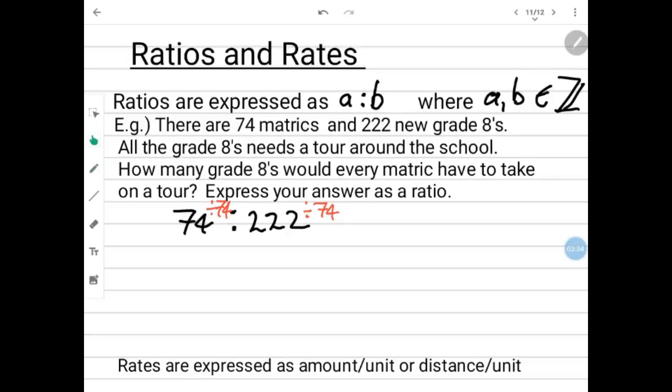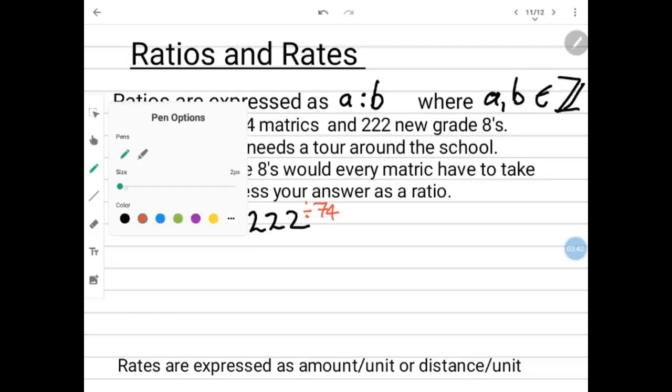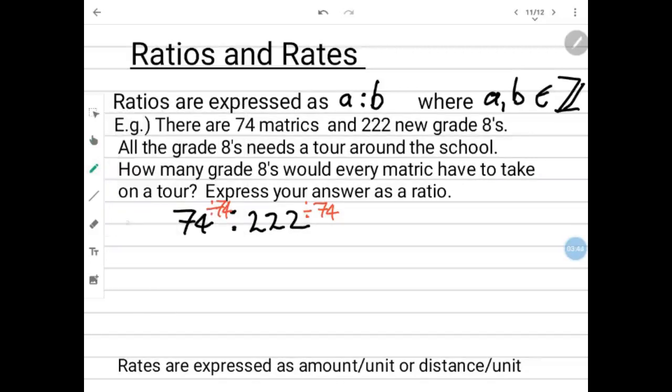You can write this in pencil, right, when you're writing the example down. Okay, it's a good idea to still write it down and write it in pencil. Right? Sorry, let's say this is example 1. So 74 divided by 74 is 1. And 222 divided by 74, well, you can type it in your calculator if you'd like, it's 3.